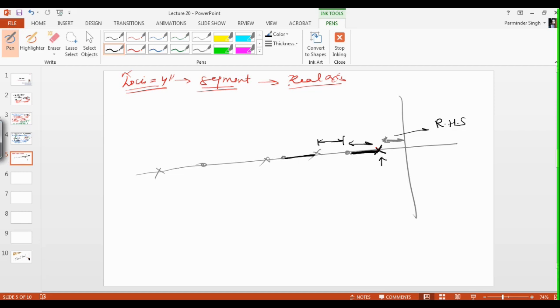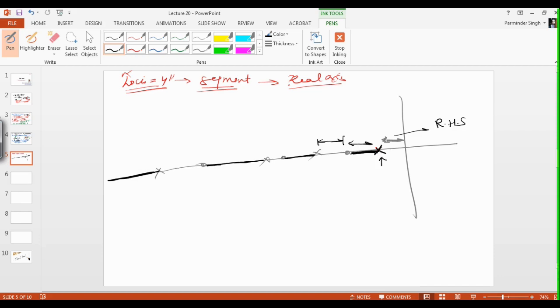So this is the segment. This segment has 1, 2, 3, 4, so it cannot be this. Then this segment, yes, it will be, because on the right hand side we have 1, 2, 3, 4 and 5. Then this segment 1, 2, 3, 4, 5, 6. This cannot be. Then this segment, this goes up to infinity. So 1, 2, 3, 4, 5, 6 and 7. Yes, it's an odd number.